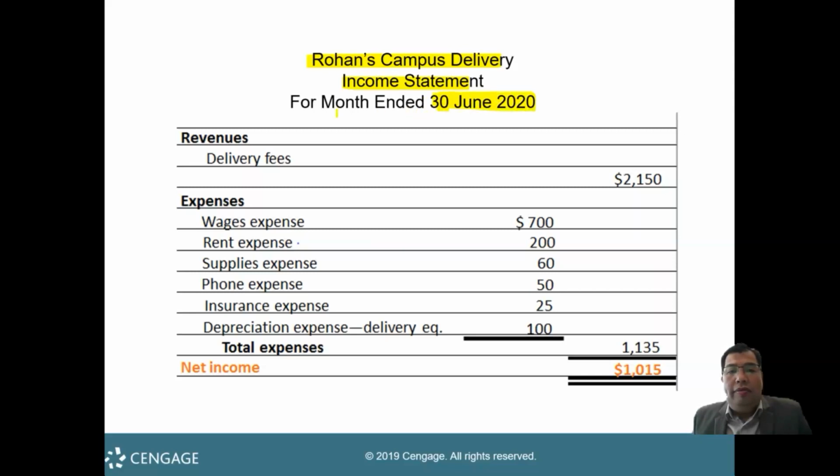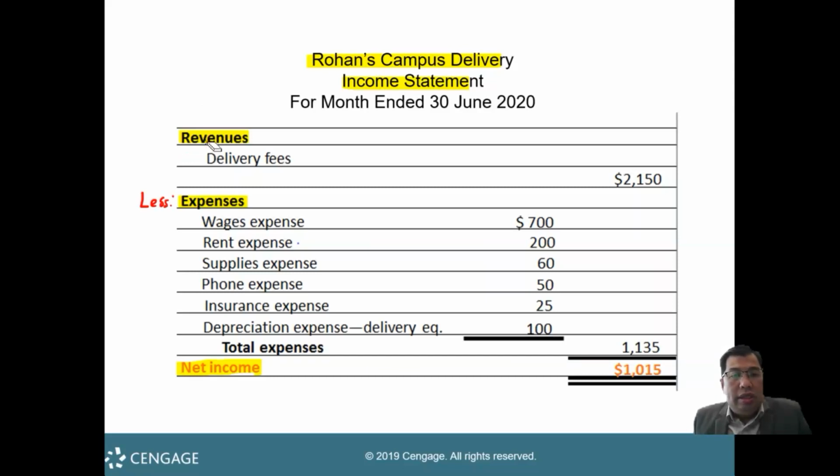For one month, meaning from 1st June until 30th June, we start with revenue followed by expenses. You can put revenue over here, and you can also put less expenses, and this will give you net income or net loss. Maybe some of you love to put less here, less expenses, and then we indent a little bit, maybe around 1 centimeter.